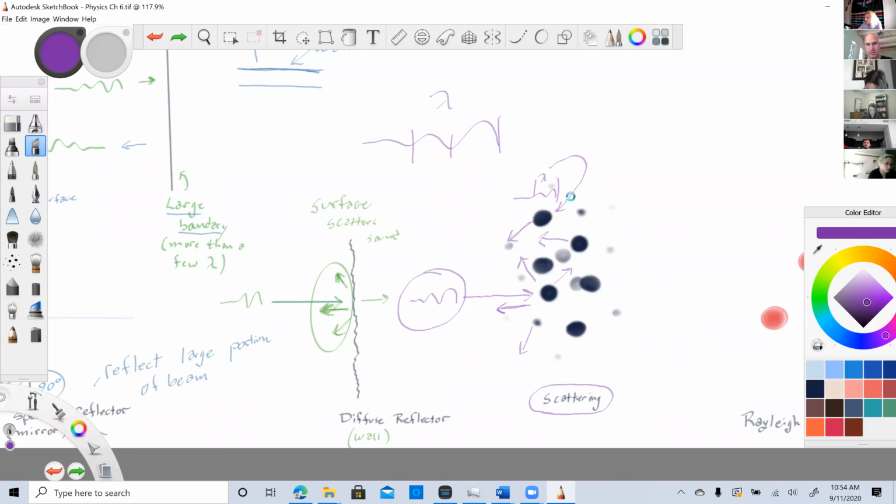Let me start over. I'm going to erase a bunch of these. I said it backwards. I was saying wavelength to tissue, and I should have been saying tissue to wavelength.